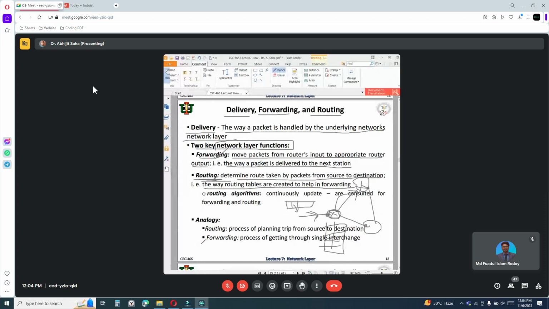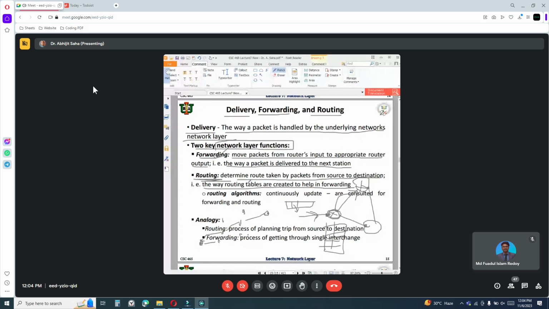We already said that to find a path between the source and destination, we use a routing algorithm. Through the routing algorithm, first you need to find a path between the source and destination, and after discovering the path, you send the packet through that path.